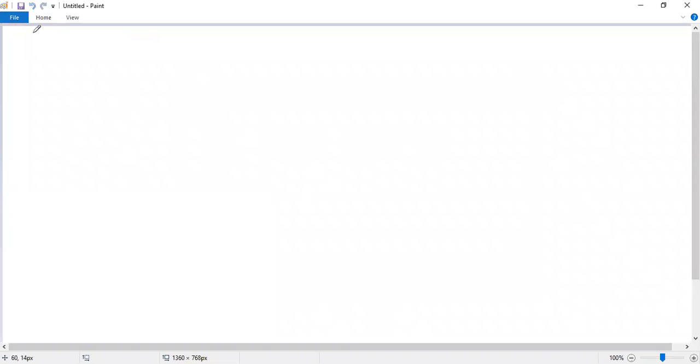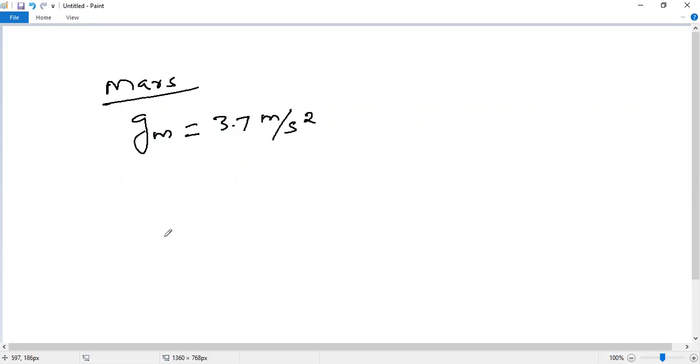The acceleration due to gravity on the surface of the Mars is 3.7 meter per second square.